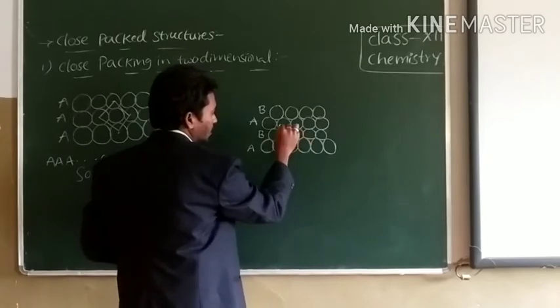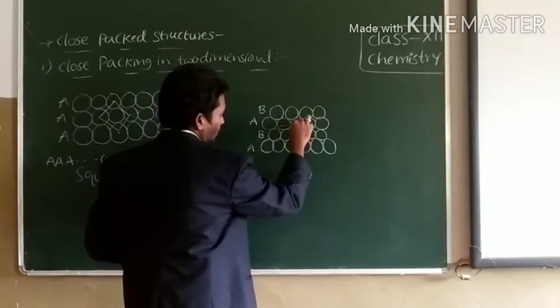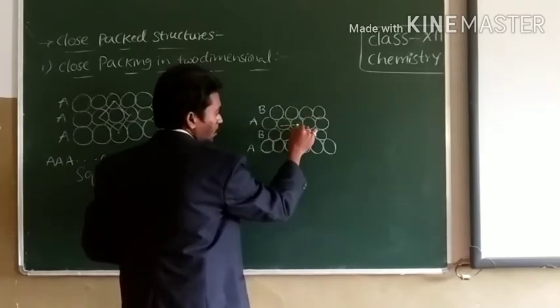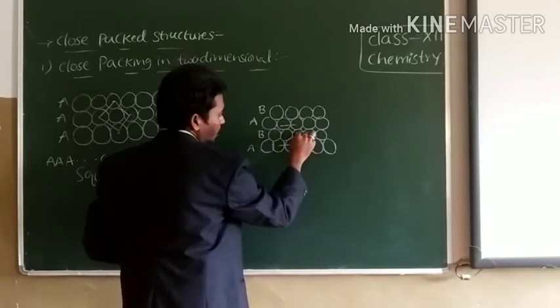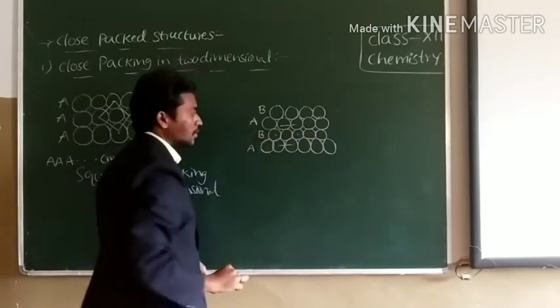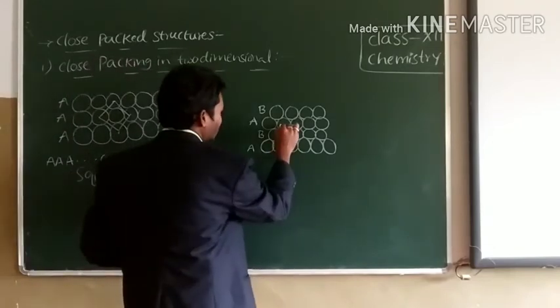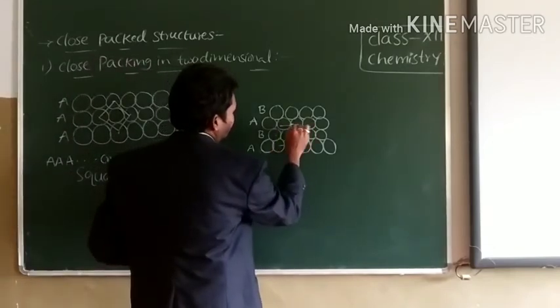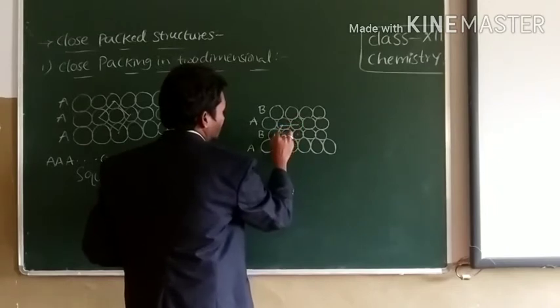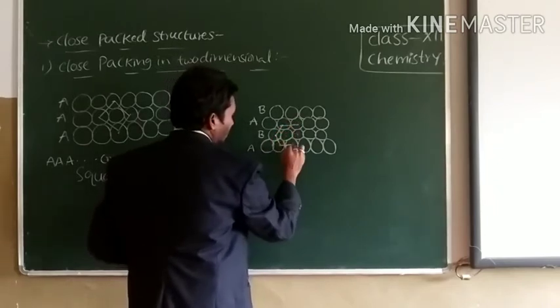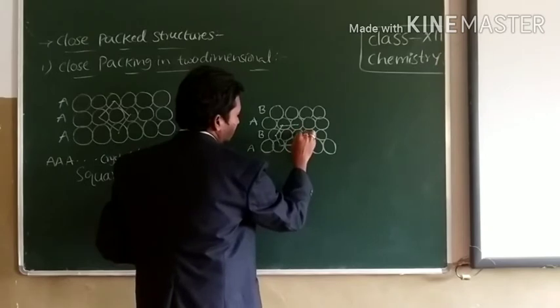These are two spheres, and these are 2 spheres. This is 1 sphere, and this is 1 sphere. When we join the centers of these 6 spheres, this is 1, this is another sphere, this is the 3rd sphere, this is the 4th one, this is the 5th one, this is the 6th one.